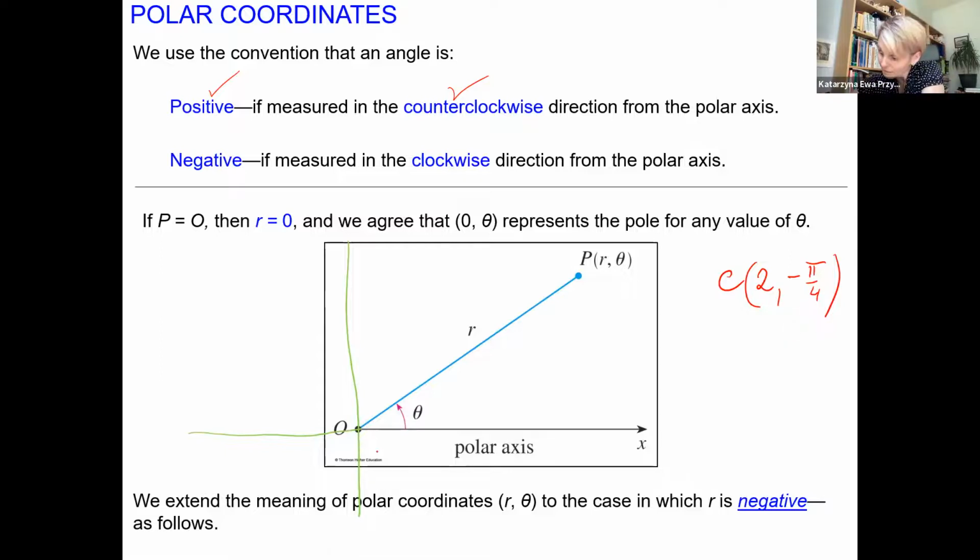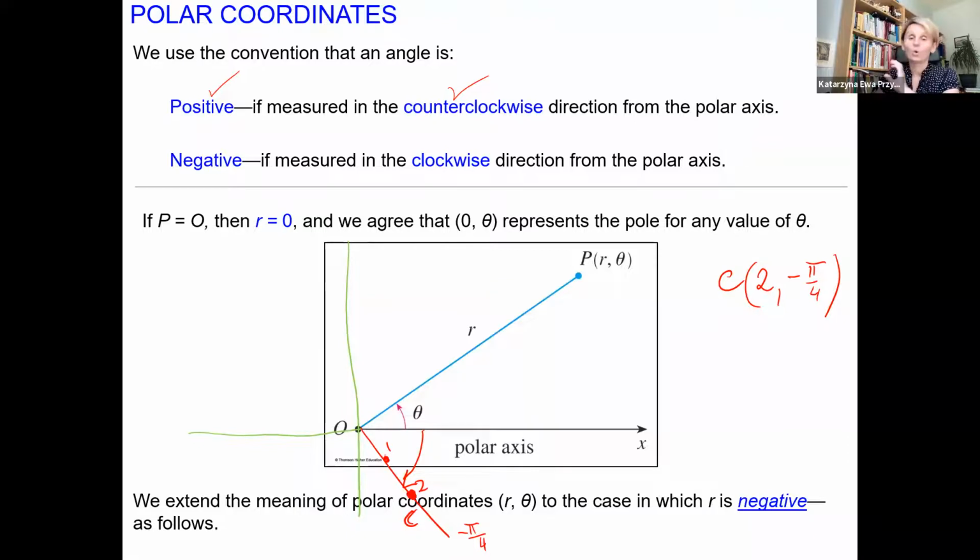The negative pi over 4 will be that angle, and distance 2 is 1, 2. That means this is point C, that big red dot. Of course, if the distance is 0, it's just the pole, the origin.